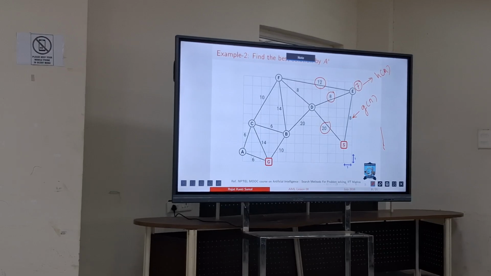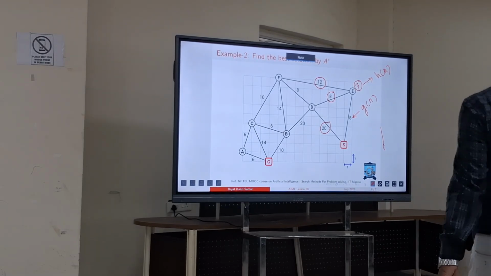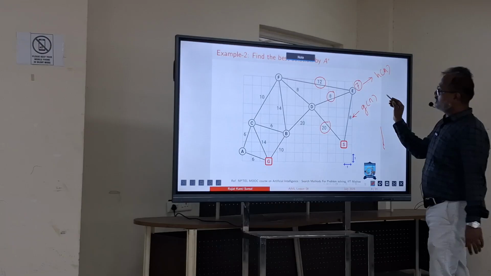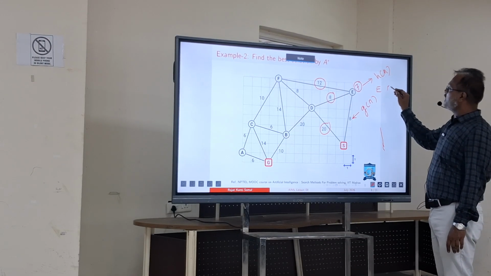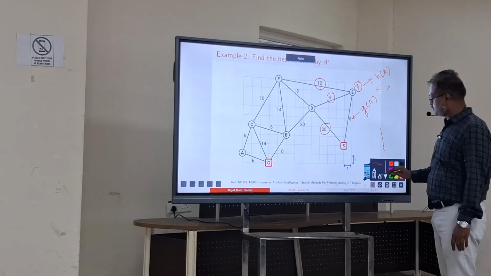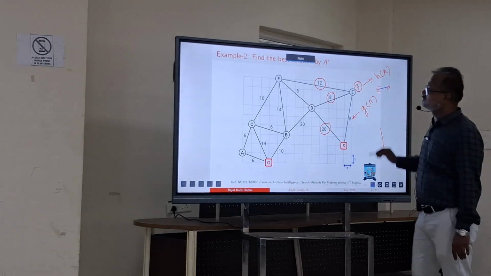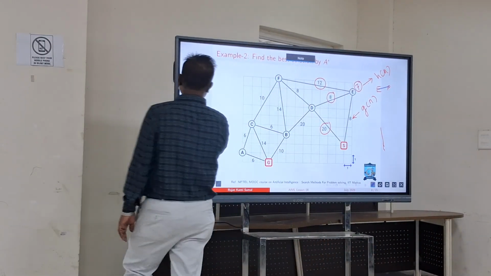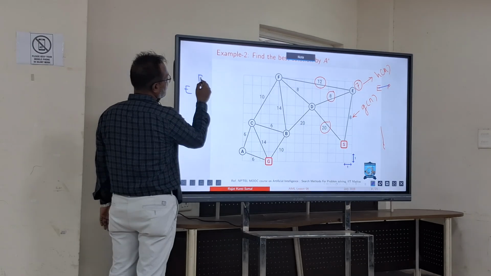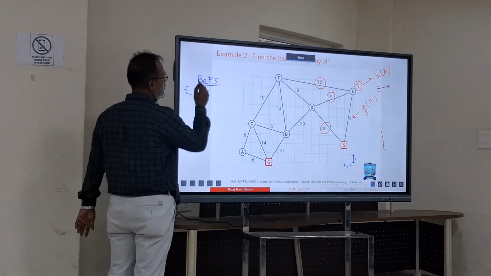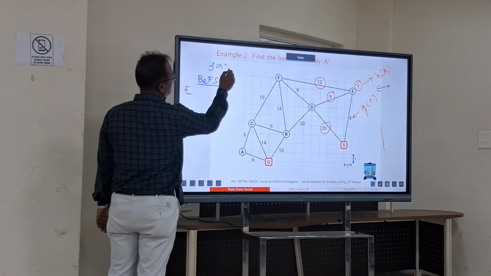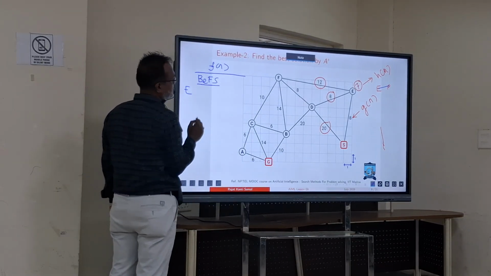So for node E, if we say best first search, what is the heuristic value?